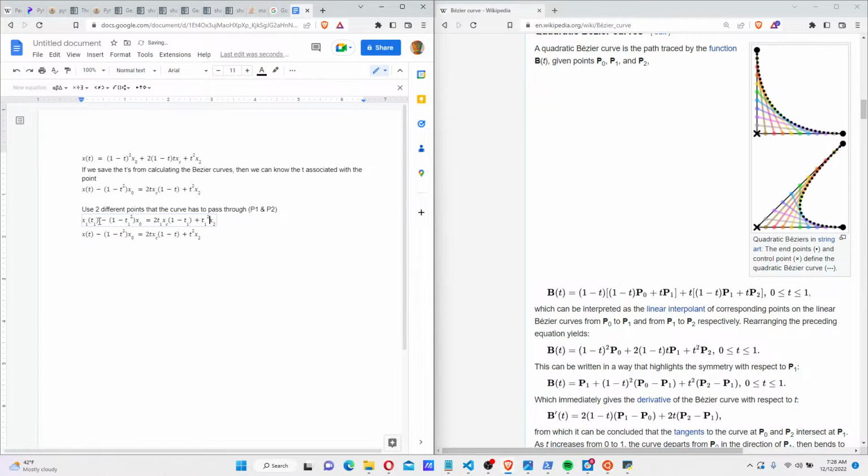We know t1, so that makes this whole thing solvable because the only unknowns are xc and x2. And now this one's solvable.